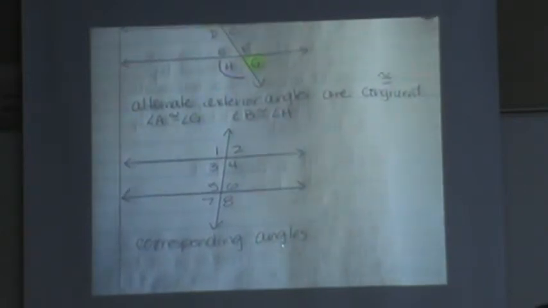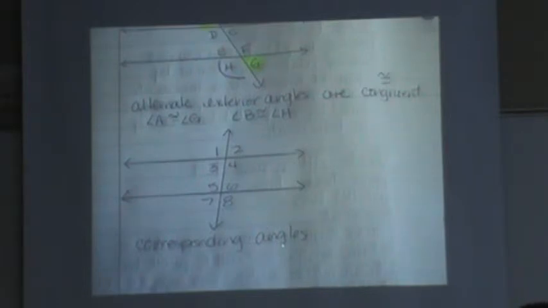We've got 1, 2, 3, 4 on there. Your definition for corresponding angles? The same position on the two lines in relation to the transversal. Yes. Corresponding angles are those angles that are in the same position on the two lines in relation to the transversal.